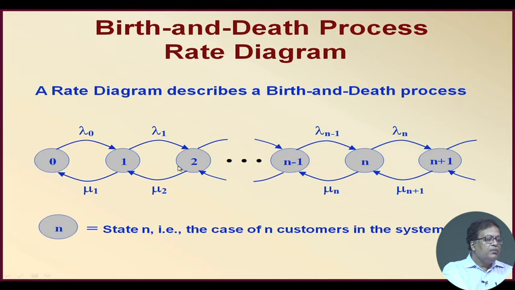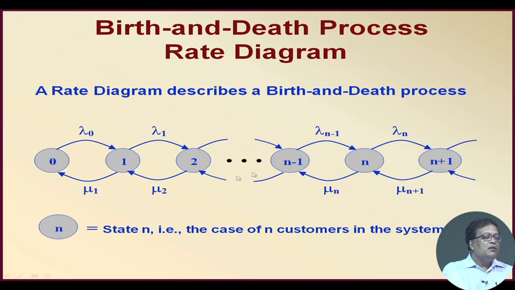Now, how can a system have 2 customers? Suppose n equal to 4, and there are 3 customers, then one customer can get serviced. When one customer gets serviced at a particular rate, what will be the rate? That rate will be dependent on the state. So, we call it mu 3.